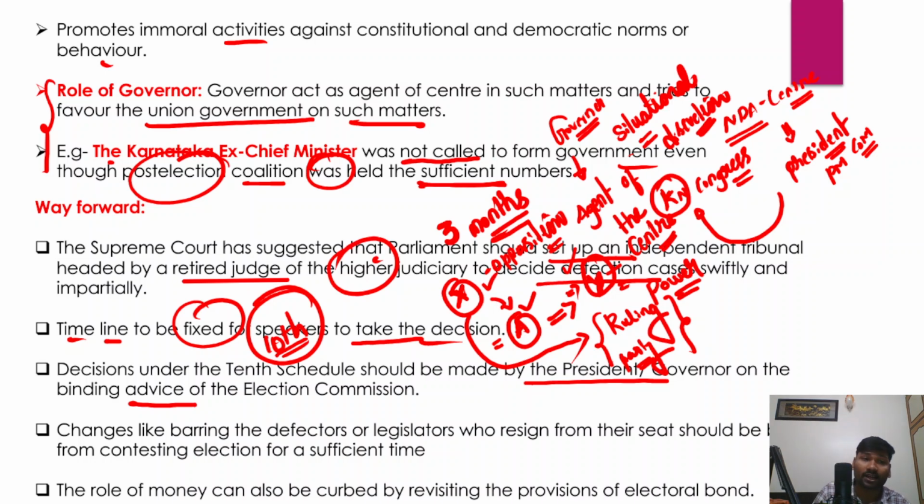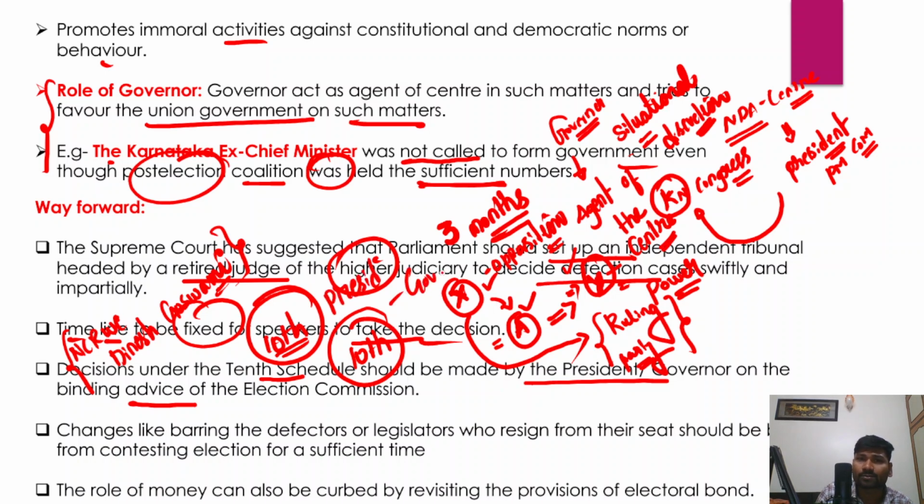So this is another recommendation, for example, National Commission to Review Working of the Constitution, and in fact Dinesh Goswami Committee on Electoral Reform. So all these different committees have recommended what? They have recommended that decisions under the 10th schedule of the Indian Constitution should be made by the president with respect to parliament and governor with respect to the state legislative assembly.